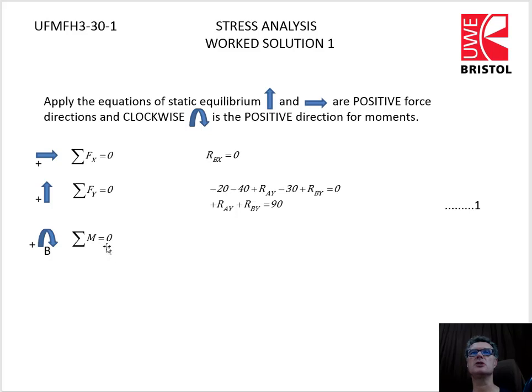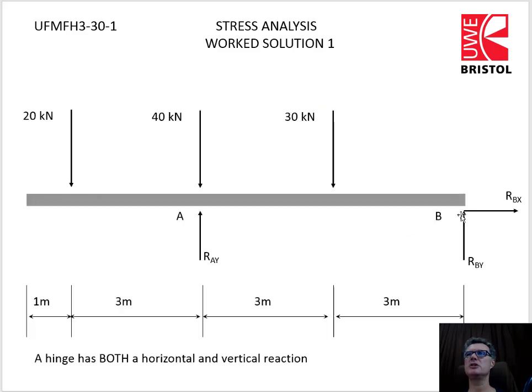Because it's not rotating, it's actually I times alpha, moment of inertia times angular acceleration. We've got no angular acceleration, and that equals 0. We've got no rotation, so that's what we're saying on the right hand side.